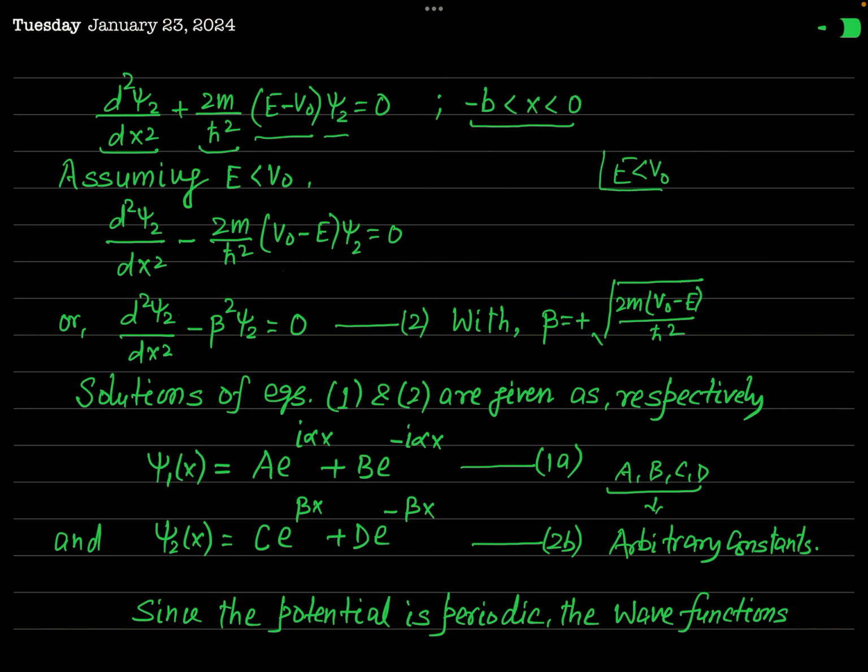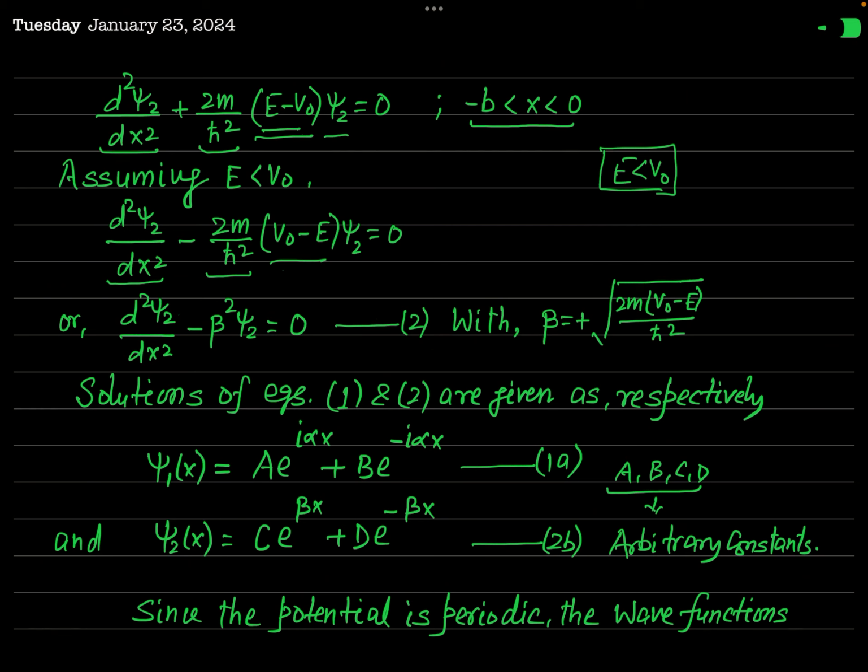Under this assumption, our electron will be bound inside a potential well, and so we assume that the total energy of the electron is less than the height of this potential barrier V naught. And so in that condition, E minus V naught will be a negative quantity. So you can write this Schrodinger equation as d2 psi 2 by dx square minus 2m over h bar square (V naught minus E) psi 2 equal to 0.